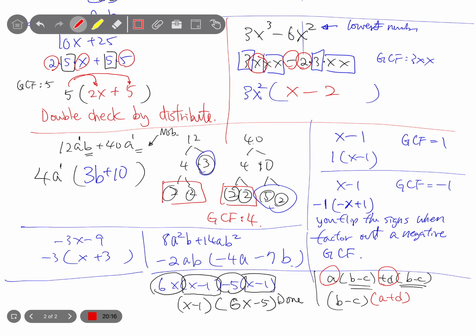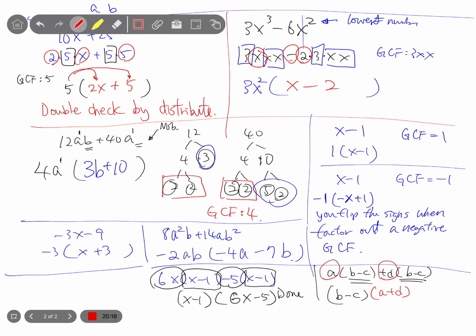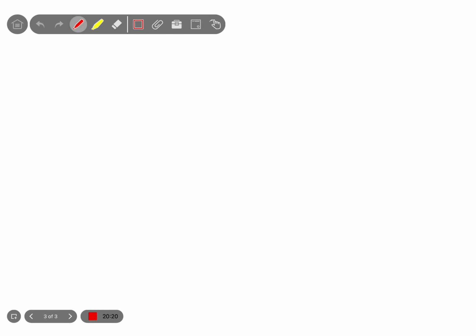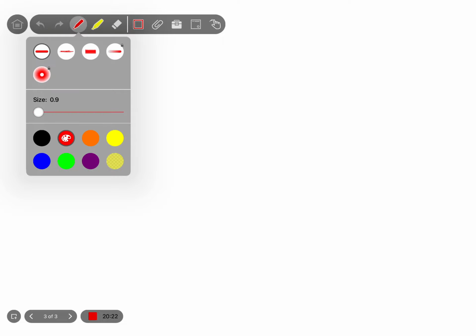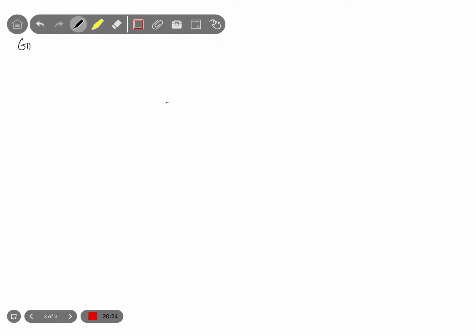Okay. All right. So now let's go ahead and step into grouping. So this is the rule for grouping. Grouping only works when you have 4 terms. Okay, and what you're going to do is, step 1, you have to split into 2 groups of 2 terms.